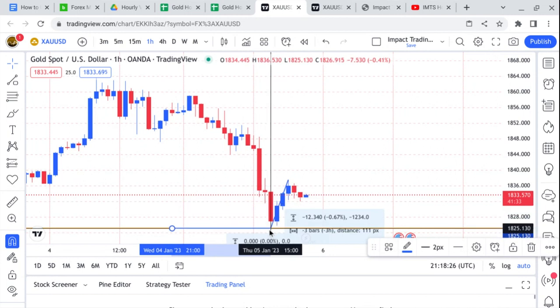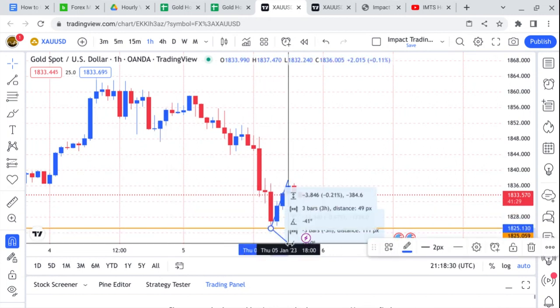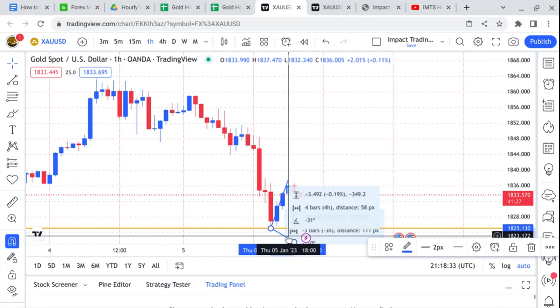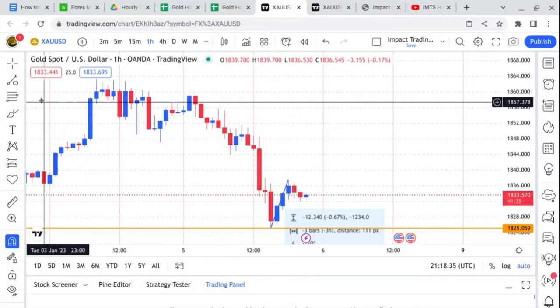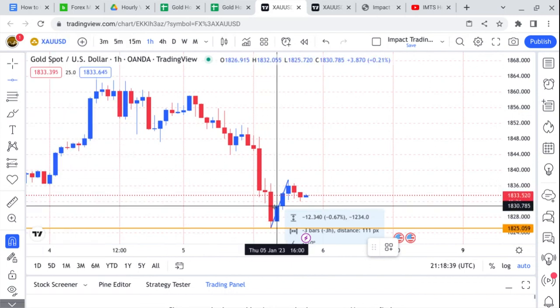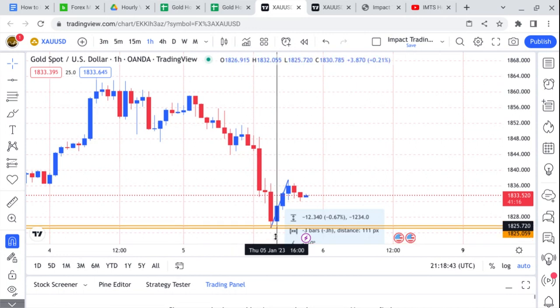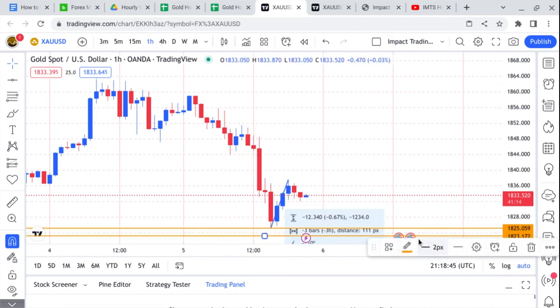Now again, having this data with you, we would place a trade in this area right here. And then let's use this one for a stop loss in this area.